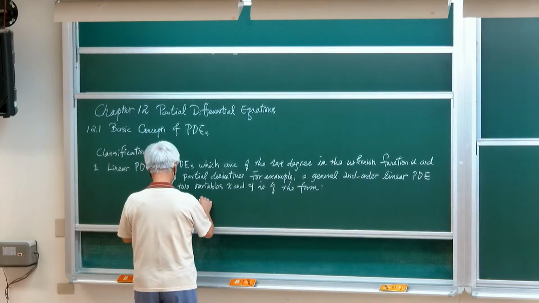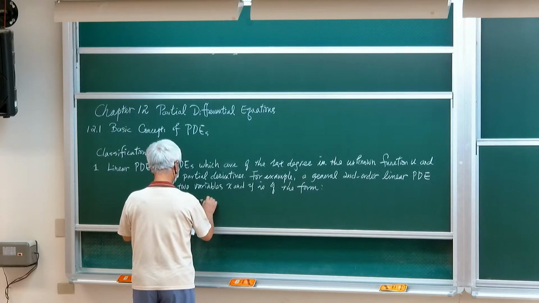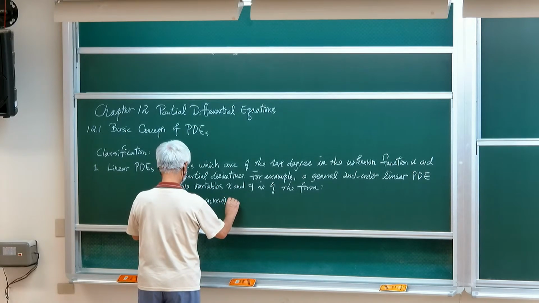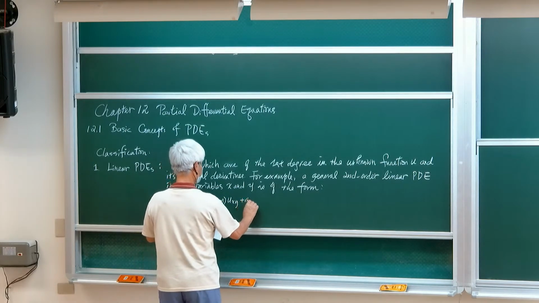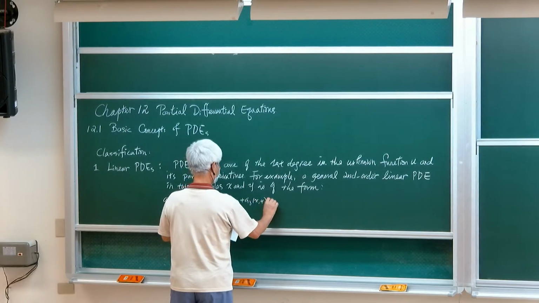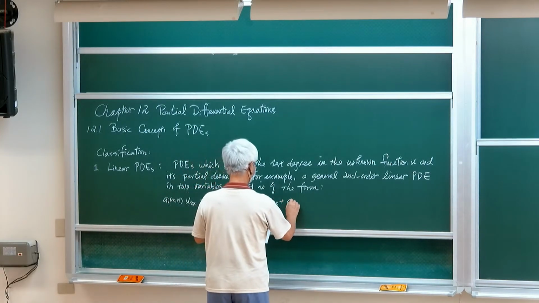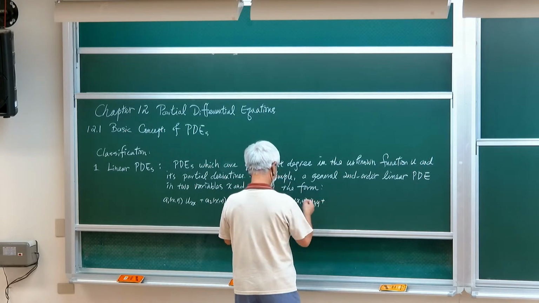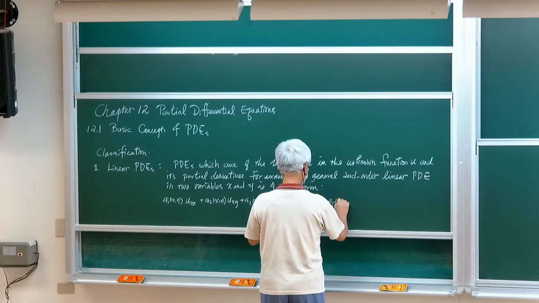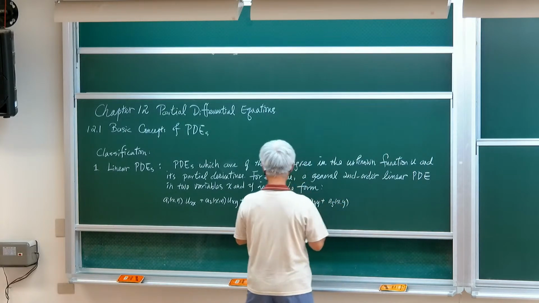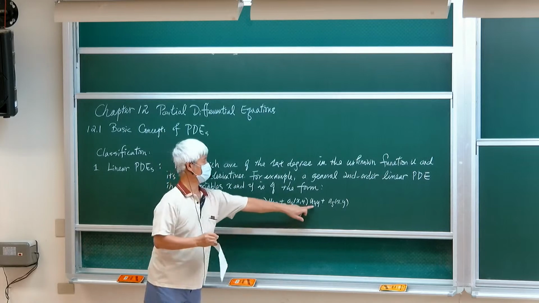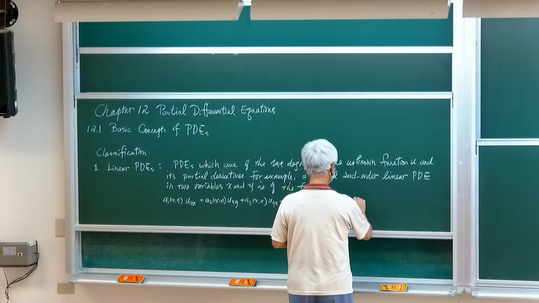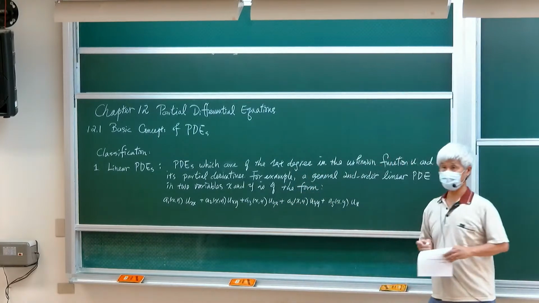And plus a2 u_xy plus a3 u_yx plus a4 u_yy plus a5 u_x plus a6 u_y. So these four are partial derivatives of second order. And these are the partial derivatives of first order, right?